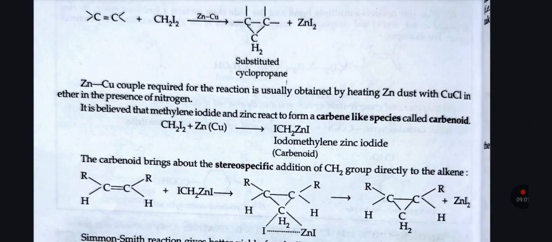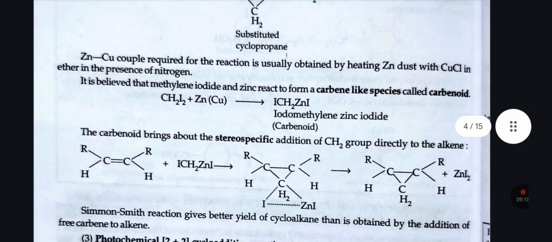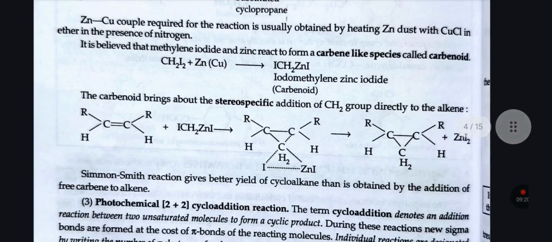The ZnCu couple required for the reaction is usually obtained by heating Zn dust with CuCl in ether in the presence of nitrogen. It is believed that methylene iodide and zinc react to form a carbene-like species called carbenoid. CH2I2 plus ZnCu will give ICH2ZnI.